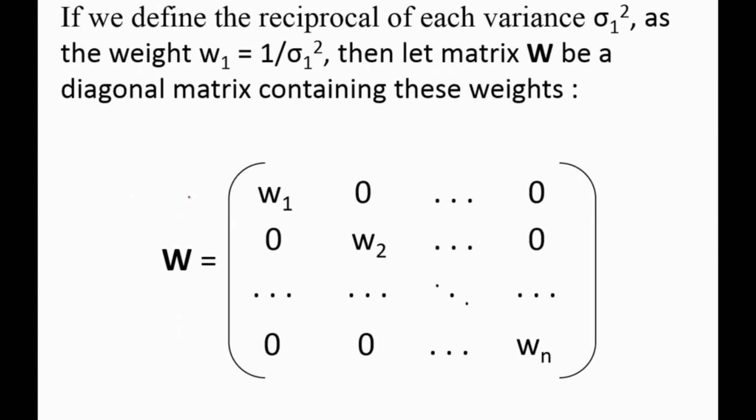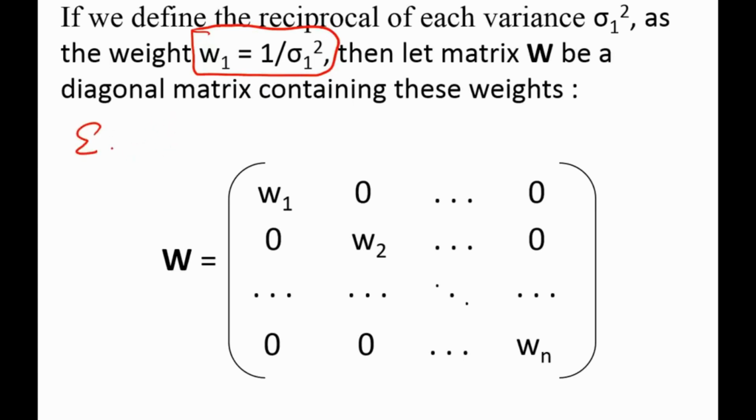Now with this in mind, we define what is known as a weight. Okay, so the weight of an observation in your data point is defined like this. Weight is nothing but the reciprocal of its variance. Now the reason we're talking about a particular observation is because each of these error terms is associated with a single observation, right?